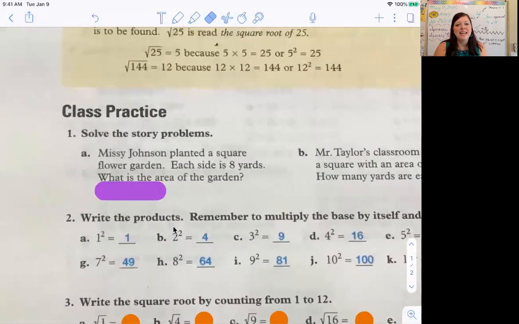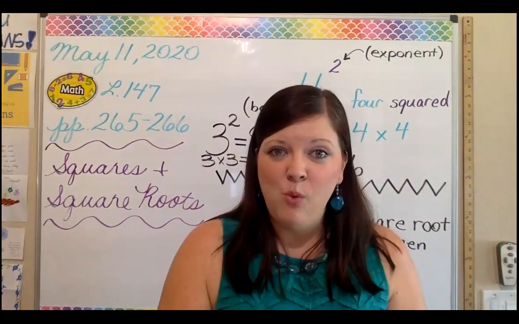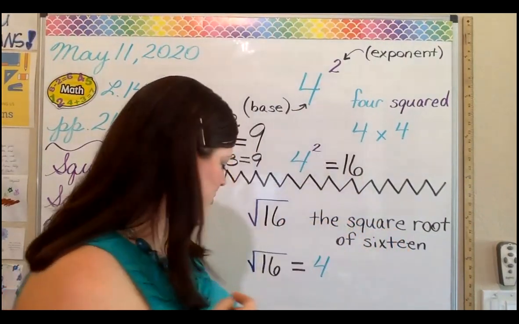Let's look at the first story problem together. Missy Johnson planted a square flower garden. Each side is 8 yards. What is the area of the garden? Now, students, remember, when we're finding the area of a square, we can say that the area of a square is equal to A equals S times S. Remember that?